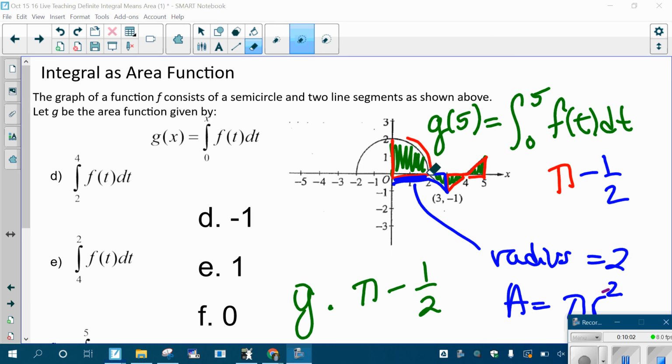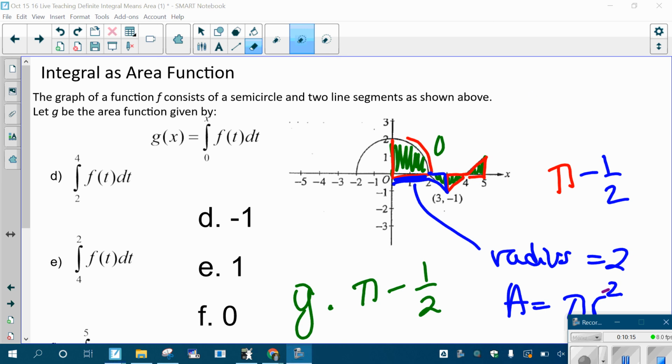Okay, so to run through these, from 2 to 4, well, it's just a triangle. You find that triangle. The triangle has an area of 1, but since it's below the x-axis, I have to make it negative. For E, it's the same thing as D, except my bounds are backwards, which means it's going to be the opposite value of whatever D was.